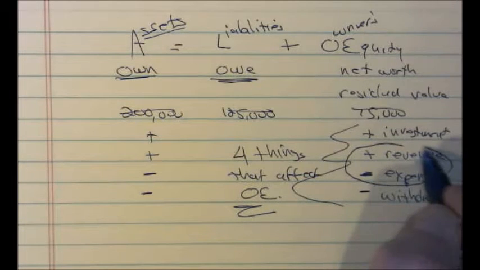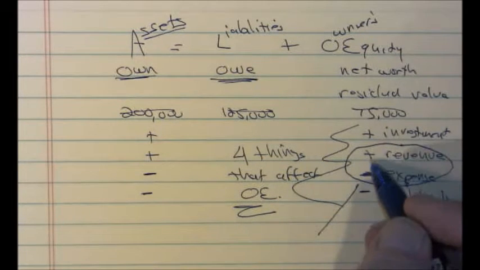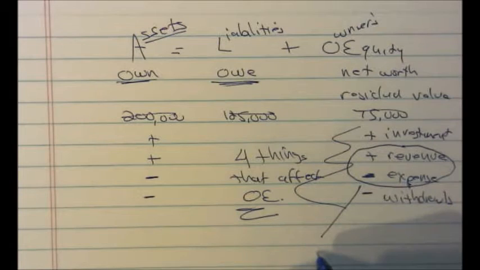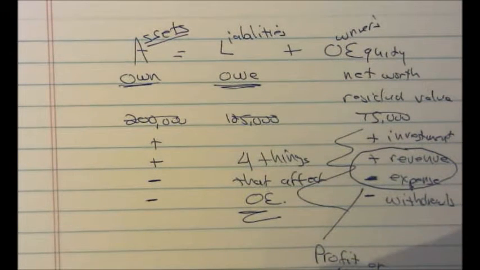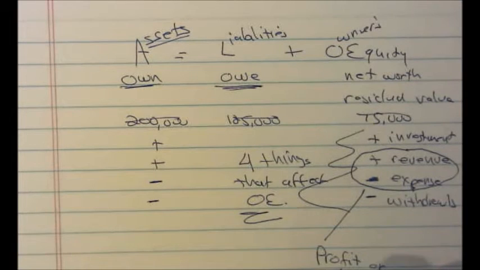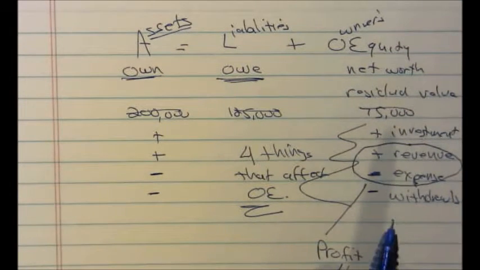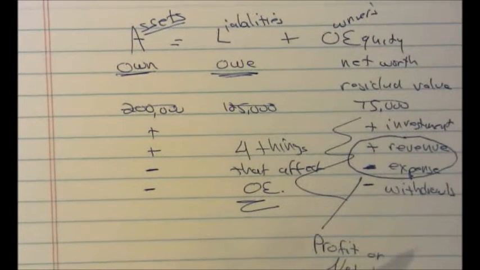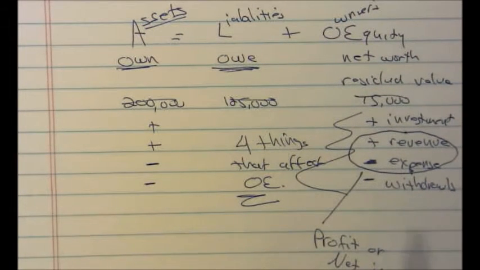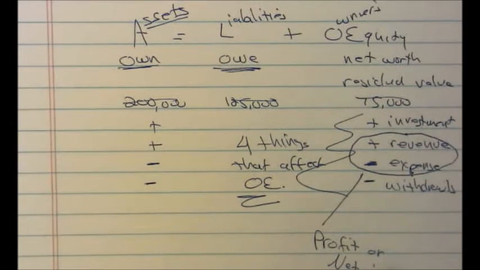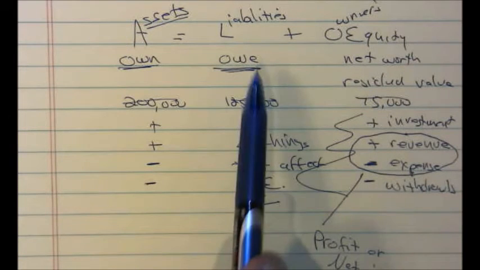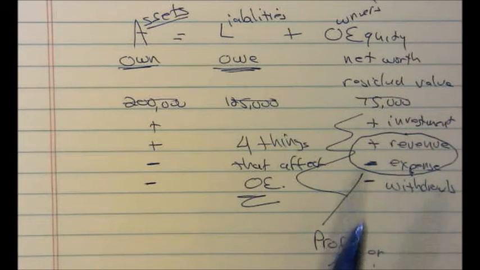If I take revenue and expenses and wash them together, revenue minus expenses, I get profit or net income, right? So that is the fundamental accounting equation and the 4 things that affect owner's equity.